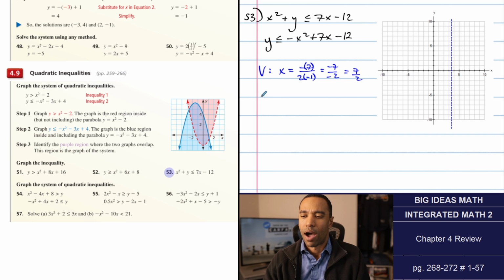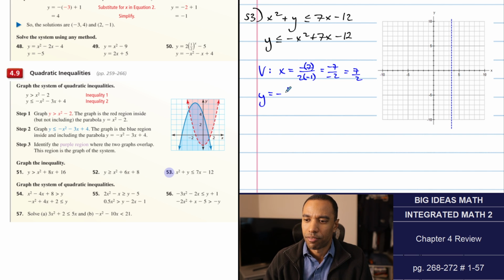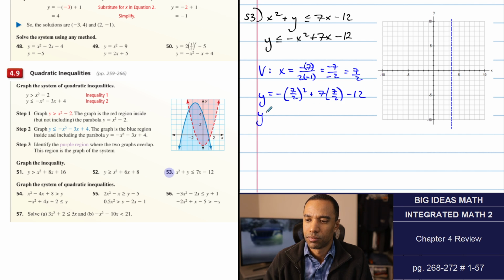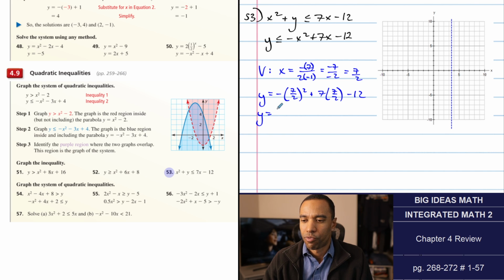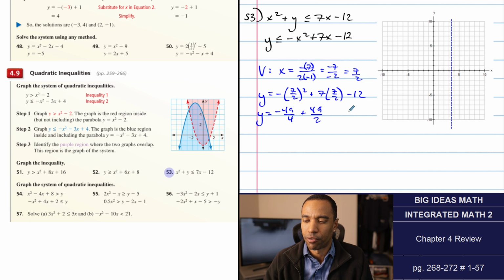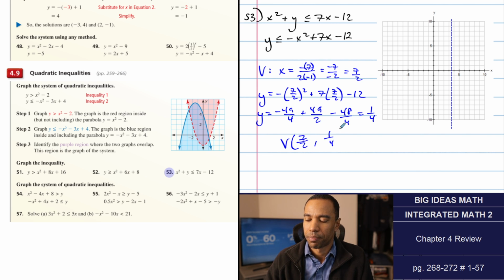The y value, you have -(7 halves) squared plus 7 times 7 halves minus 12. 7 halves squared is 49 fourths, so we get -49 fourths, and then you'll do plus 49 halves, which is positive 98 fourths, minus 12 is 48 fourths. 98 fourths minus 48 fourths minus 49 fourths leaves 1/4. So your vertex is at 7 halves, comma, 1/4.